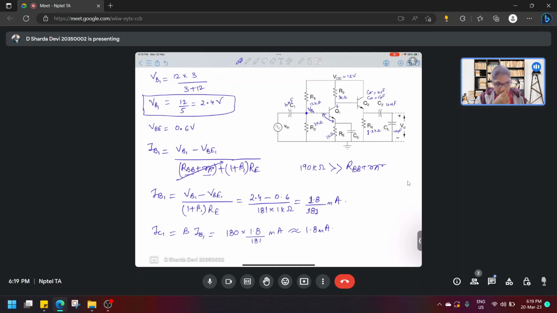Now since we have got IC1, for VC1, if this voltage is required, how can I find this voltage? This is VCC, this is R3.